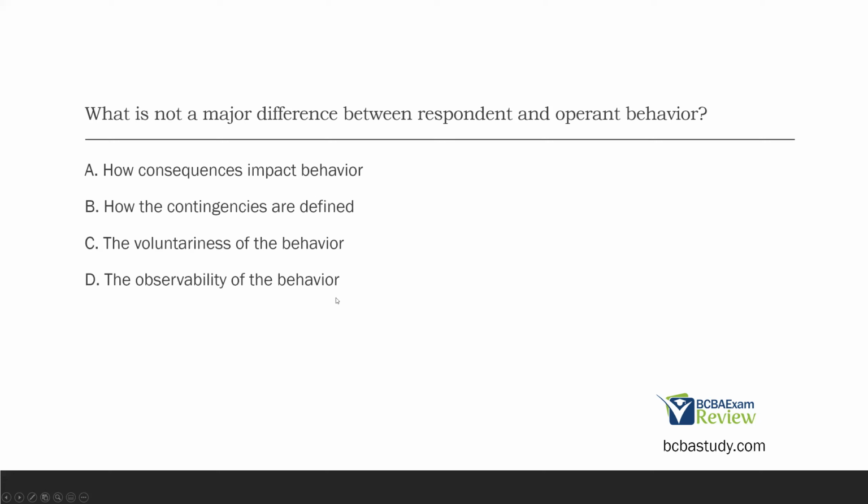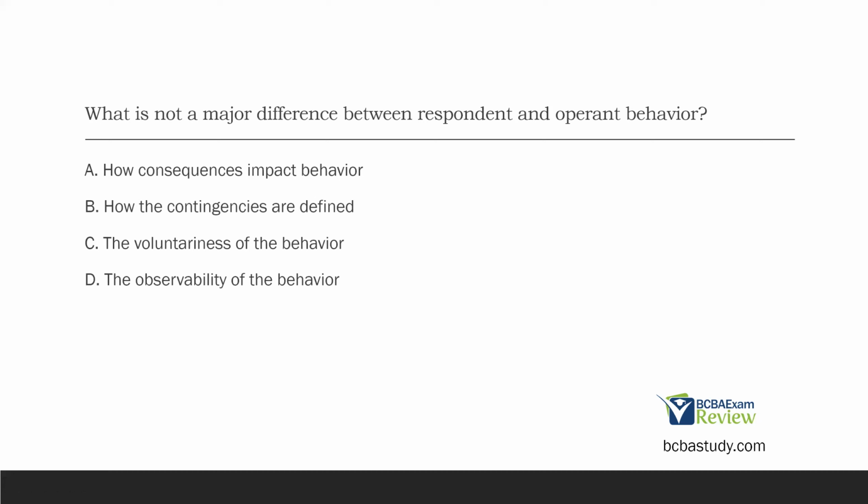That leaves us with D, the observability of the behavior. When we talk about respondent, are we talking about private events? Well, can you see someone sneeze? Yes. Can you see someone sweat? Yes. Can you see someone cry? Yes. Operant behavior, of course, is observable, right? Measurable, because when we deal with operant behavior, we're dealing with those public events, okay?